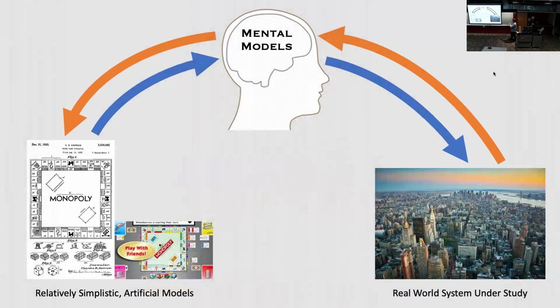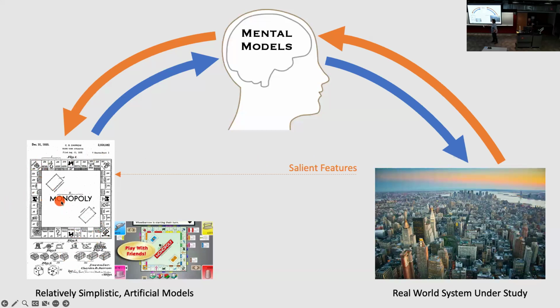All right, so the process as it goes: real world system, very complex. This is what we're studying. We have a certain mental model of how the system works. We try to put it down into a very simplistic artificial model, like a Monopoly board game. And hopefully we put all the salient features into this simple model. So Monopoly is interesting: it has a jail, but no police.